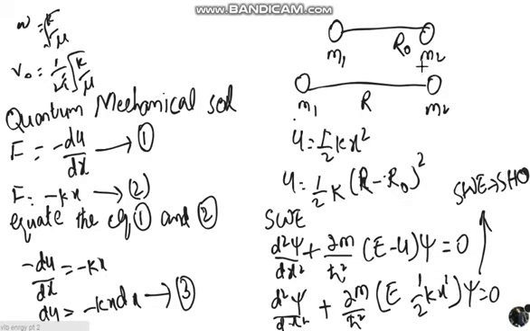Now we need to solve this equation for the diatomic molecule by considering it as a simple harmonic oscillator. So we have the Schrödinger wave equation: d square psi over dx square plus 2m over h bar square into (E minus 1 divided by 2 kx square) psi is equal to 0.